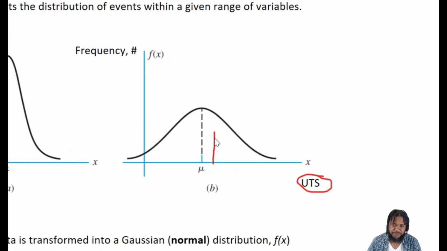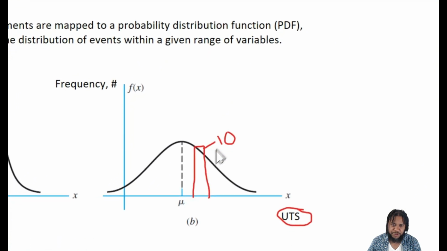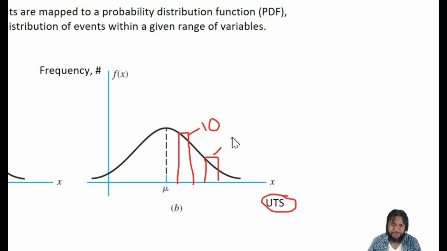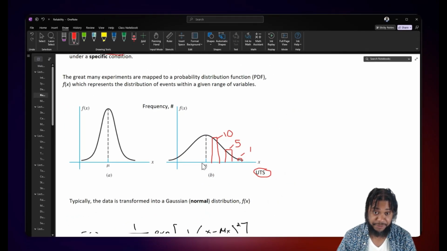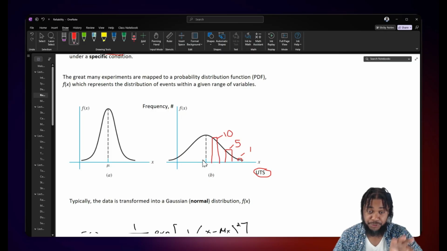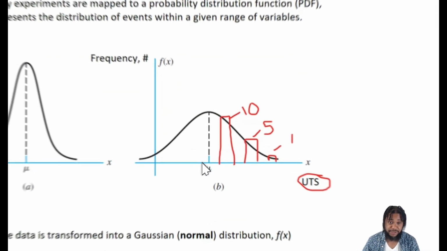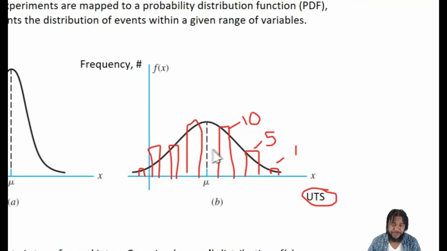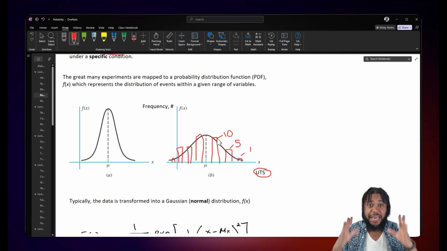And for each value of UTS, say there are 10 samples that have a UTS in this range, and there are 5 samples that have a UTS in this range, and say there is 1 sample that has a UTS there. So the frequency is the number of samples with a similar value of UTS. If we continue to plot that data, and sometimes there may be outliers, we end up with what we call a probability distribution function.